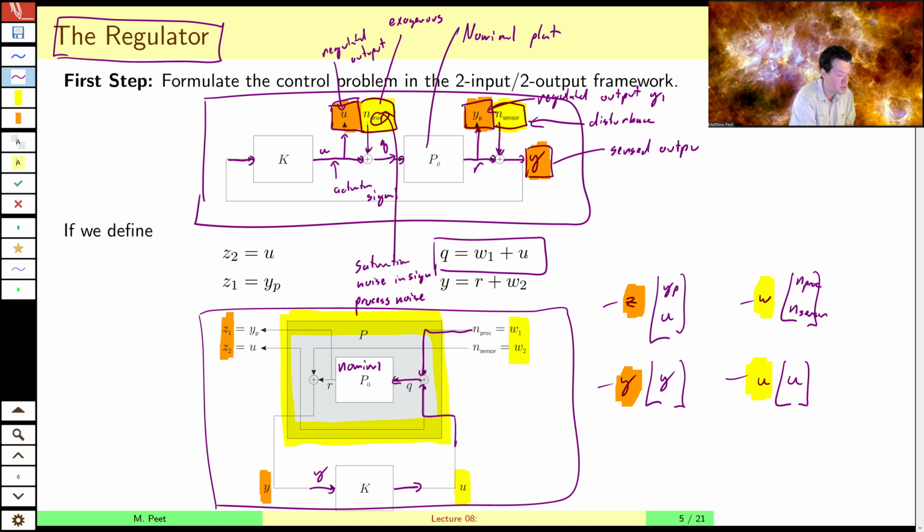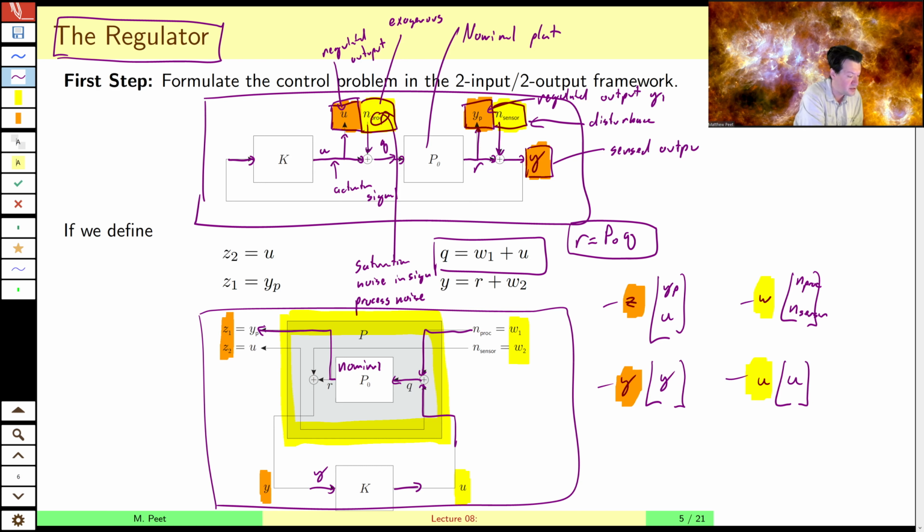Next, what do we got? Well, we have the output from the plant, which we call R. You can write that R equals P naught Q. There's an equation for that. Next, well, what do we have here? We got this output. Where does that output go? As we indicated here, one branch of that goes to a regulated output, which is YP.